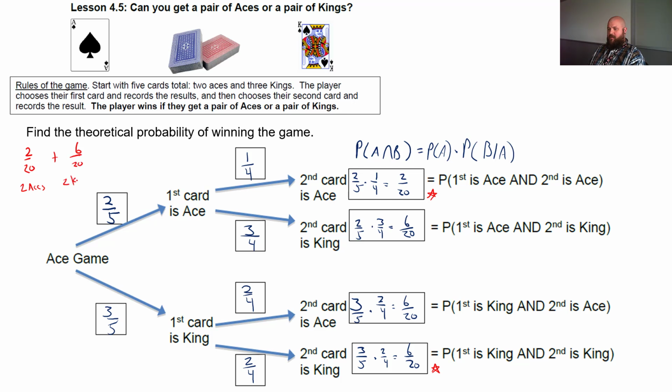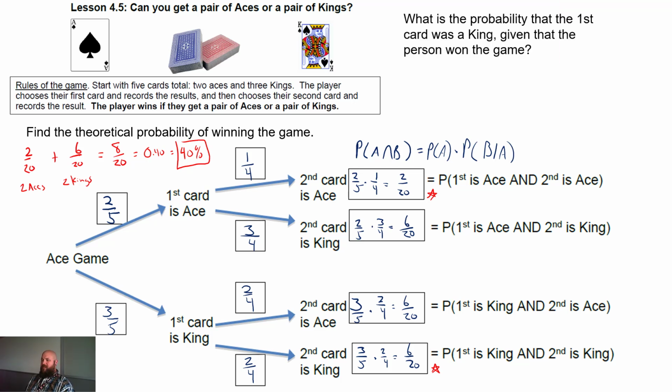And with that, we can simply see that that is going to be 8/20. When that's put in the calculator, you get a decimal value of 0.40, and that is 40%. So in this game, the theoretical probability of winning the game was 40%. So you had a 40% chance of winning the game theoretically.